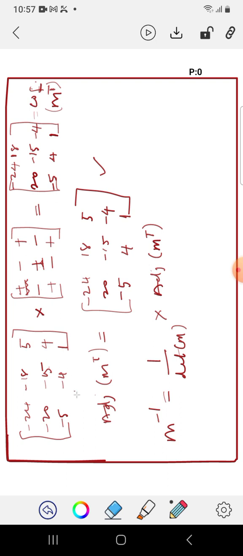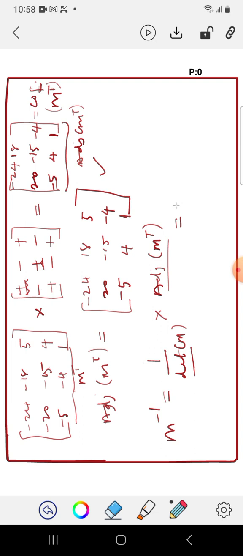This is m transpose, and this is the adjugate of m transpose. So we have found this. Don't forget we have found the determinant earlier to be 1. So you just multiply by 1. 1 is a scalar. It's just a number, so you can use it to multiply.